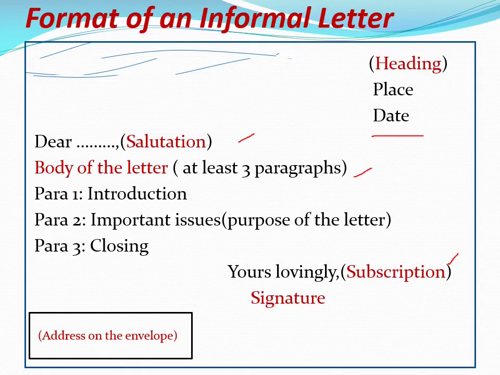Here you have to write the body of the letter in at least 3 paragraphs, and here you must put a box. In this box you have to write the address on the envelope, so it must be excluded from the body of the letter.